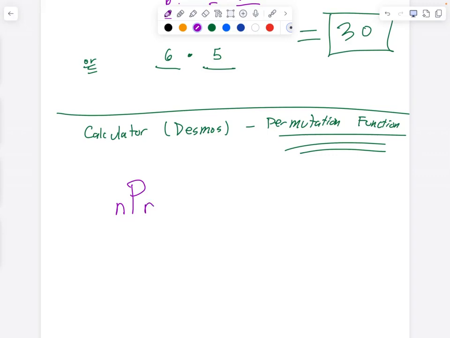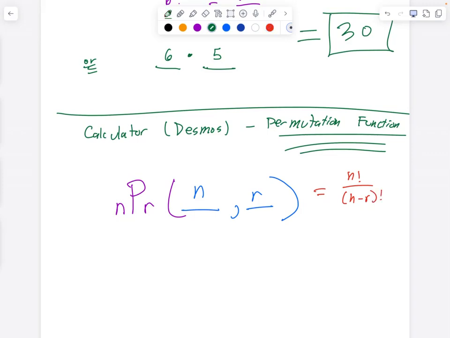Where do I find this function? Does anybody know where I find the function? I told you that permutation is a what? It's a function.